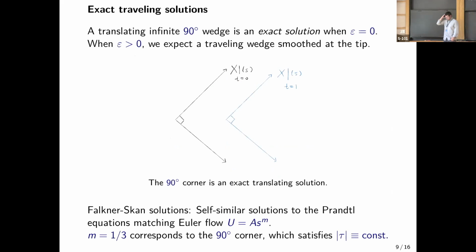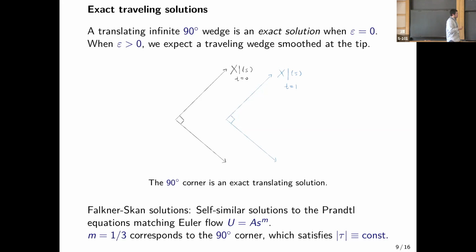Now, what's one reason why we like this model? Because it actually has a family of exact traveling solutions. These 90-degree corners are exact solutions, and they just travel with constant speed. If you add in the Gibbs-Thompson effect, then we expect that there's also an analogous solution, which is just slightly smooth, but which is traveling with some constant speed. And one way you can show this is using the fact that the flow is calculated using the boundary layer.